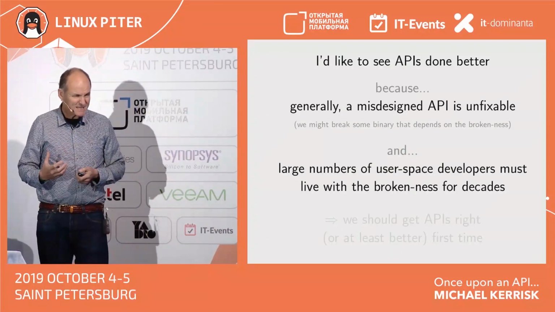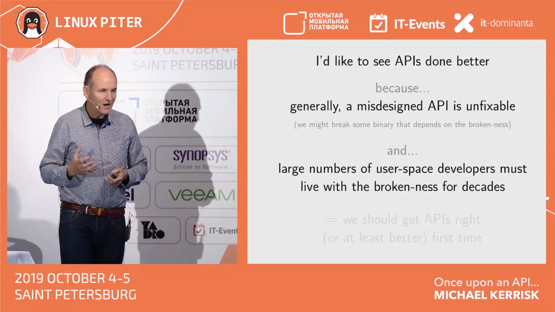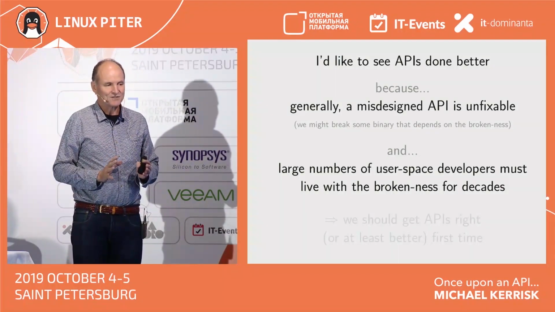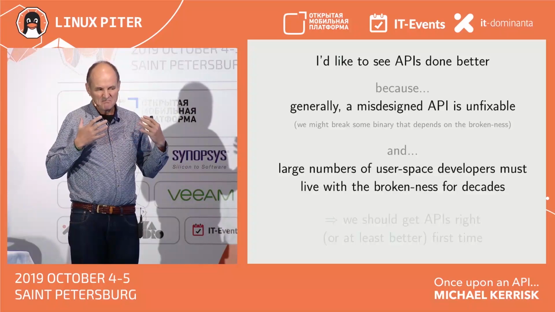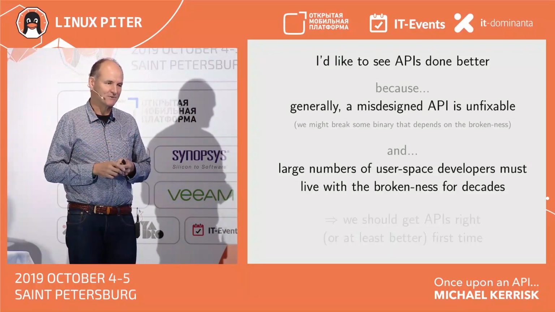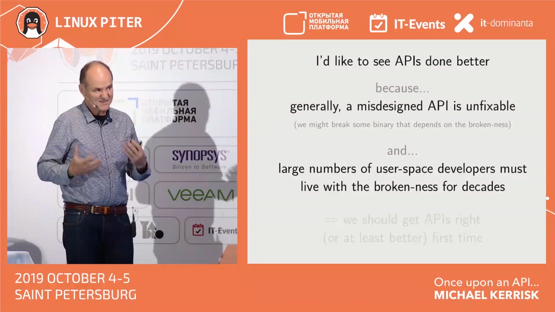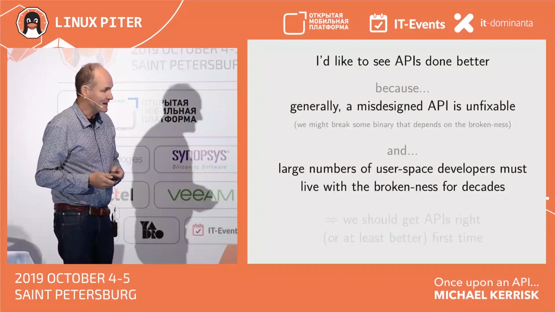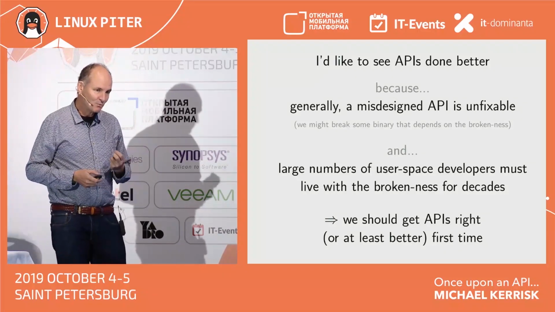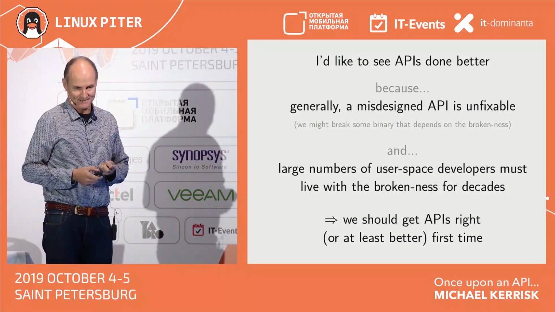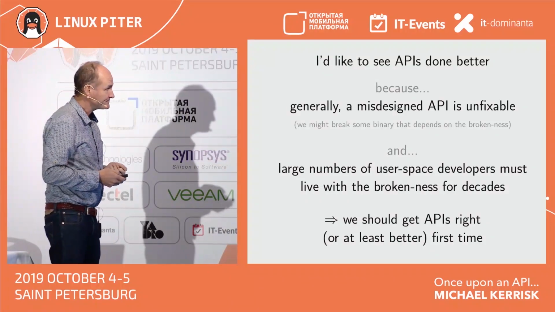This means that when an API's design is broken, it's usually set in stone, and a lot of user space programmers live with this misdesign for decades. Decades is really the time scale we're talking about. So we really want to get APIs right the first time, or at least better the first time.